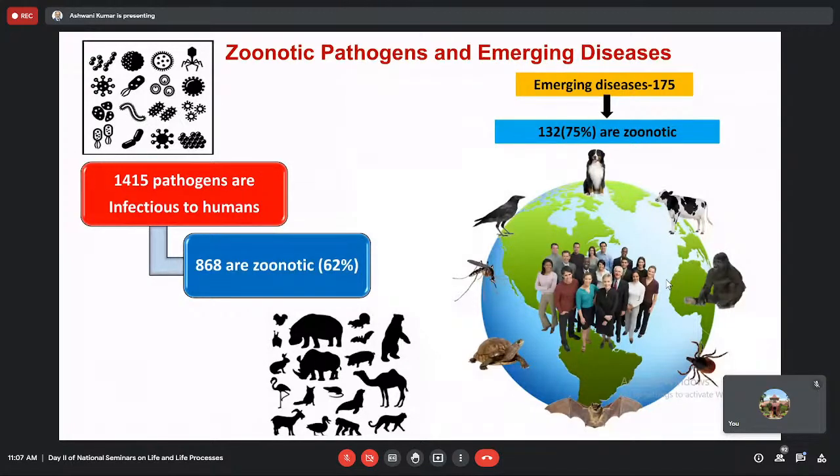That suggests that the threat looms large from zoonotic diseases, and out of 175 emerging diseases, 132, which means about 75%, are zoonotic in nature, and the world is so well connected. And of course, there is an interface between humans and animals, and this is increasing over a period of time.